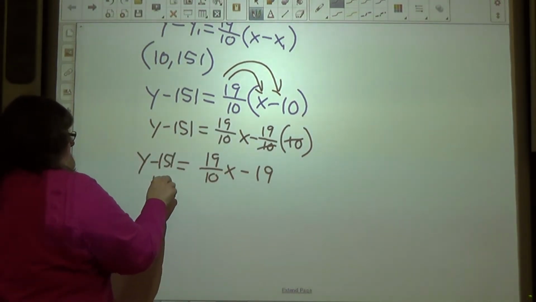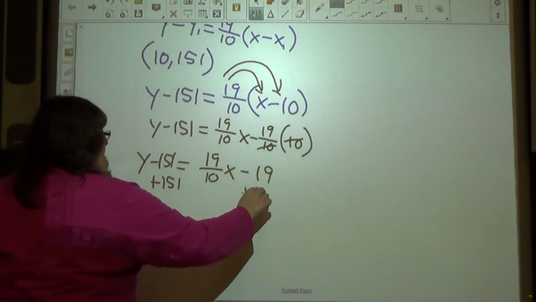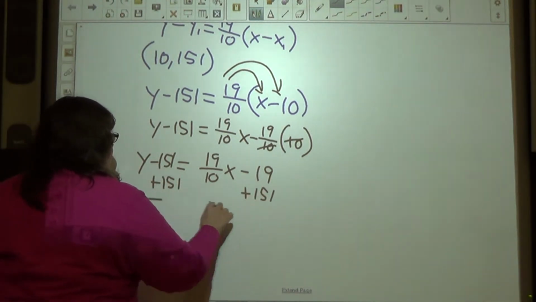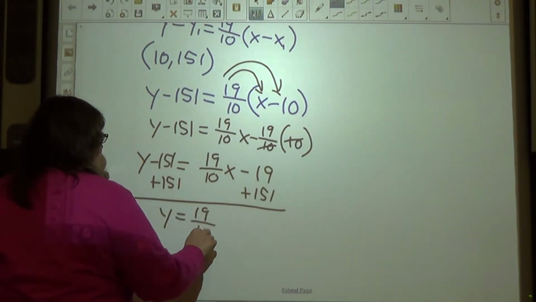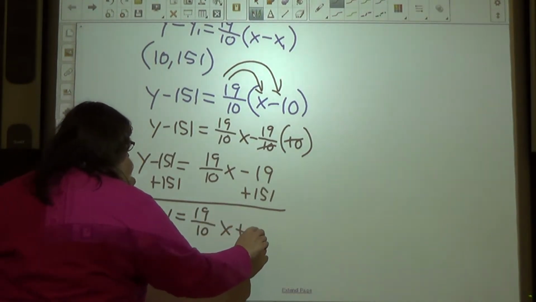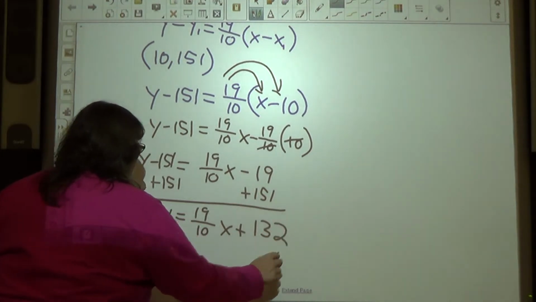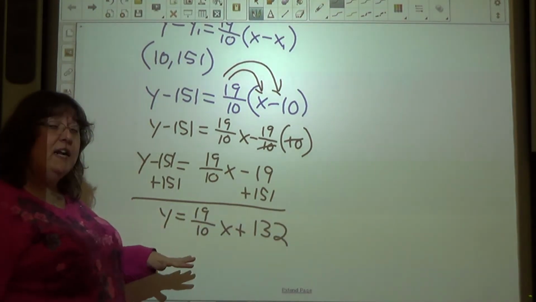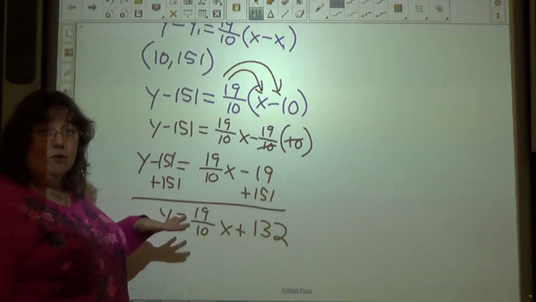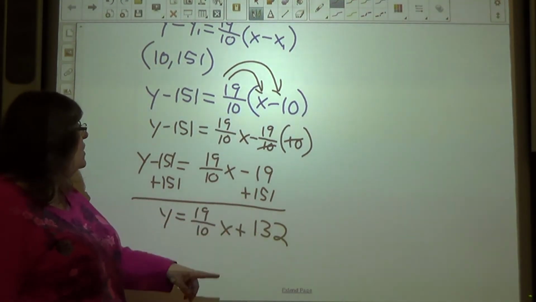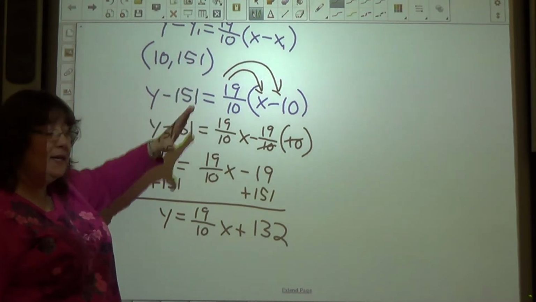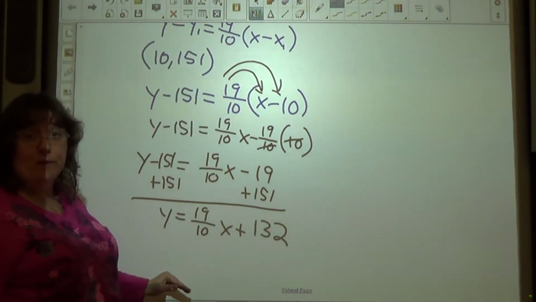Now I need to move my 151 by adding. So y equals 19 over 10x plus 132. That's the same equation we should have gotten in 4A for 2.5. Okay? So that's how you can use the point-slope formula to get to the slope-intercept form.